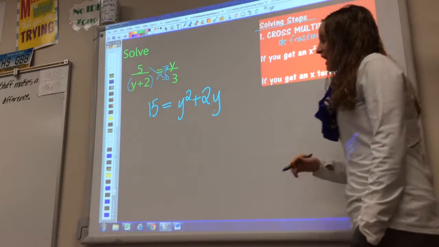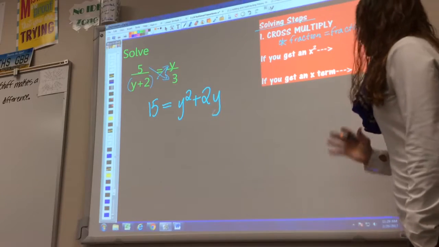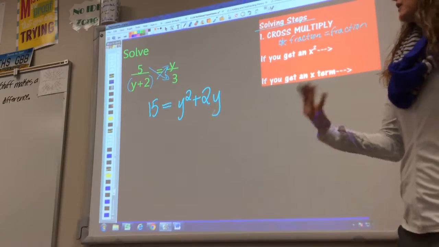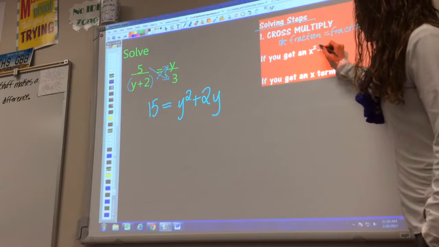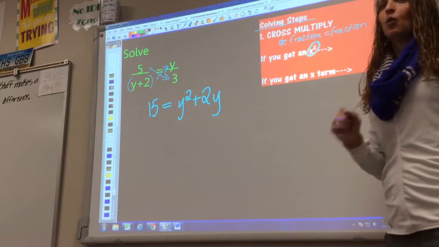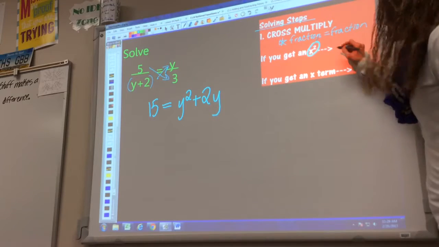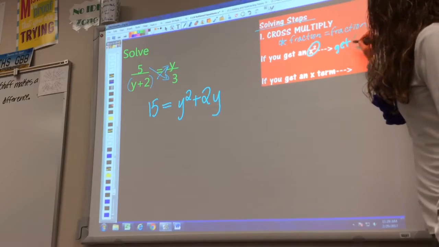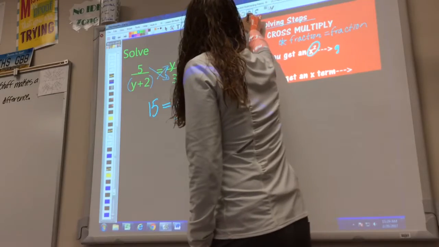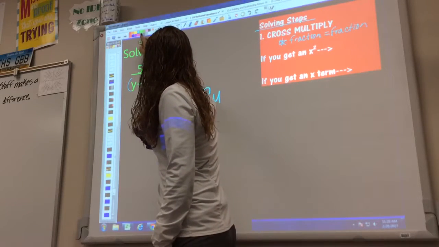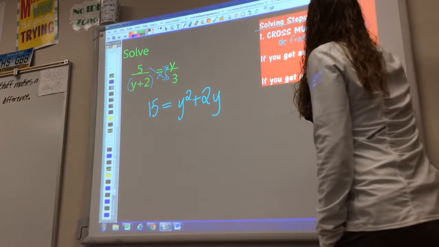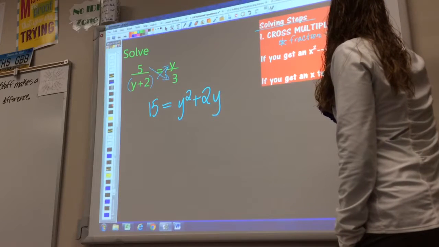Now, a lot of people try to do all sorts of crazy things. But what I want to remind us about, if you get a variable squared, what do we have to do next? You have to make sure everything's on one side. Let's just try this again.